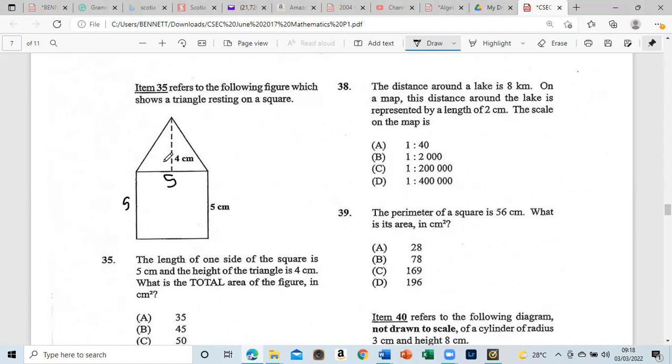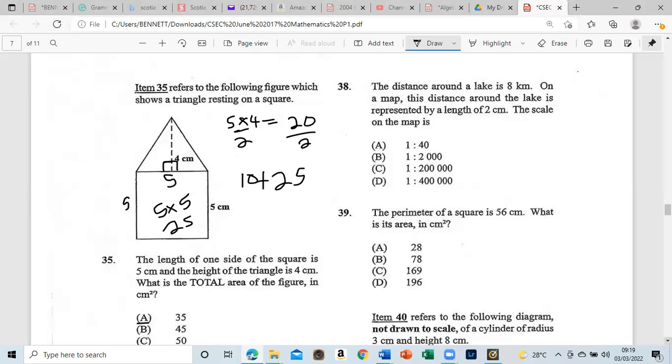This is a right angle triangle. It will be half the base times the height, so the base of 5, so that works out to 20 over 2, about 10, right? So we need 10, and then 5 times 5 equals 25. So add that to the 10, 25, we get 35.